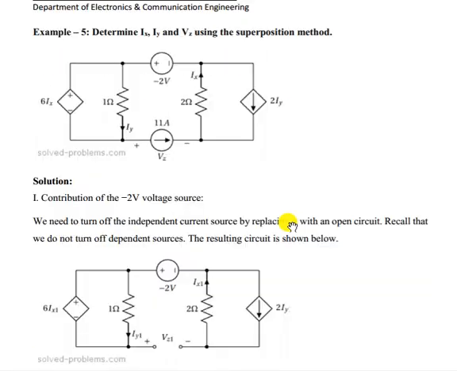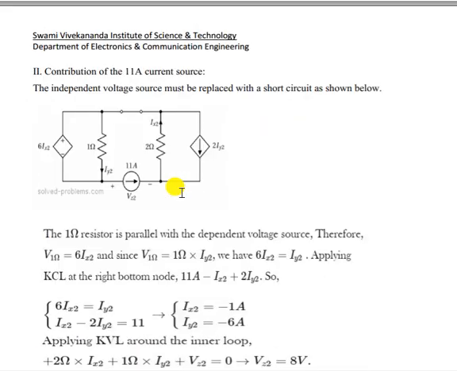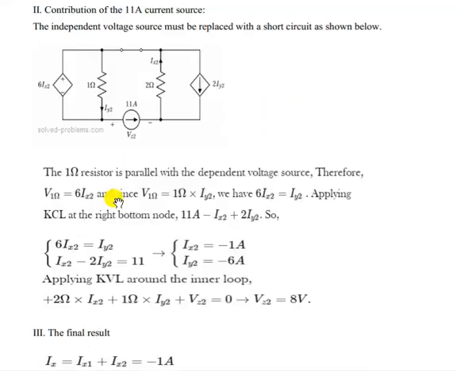Now what we are doing is considering the effect due to this current source. What happens? That time this voltage source should be shorted. So I am shorting this. Now what we can see is this 1 ohm resistor is in parallel with the 6 Ix2 dependent source.